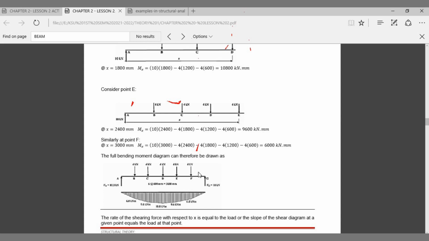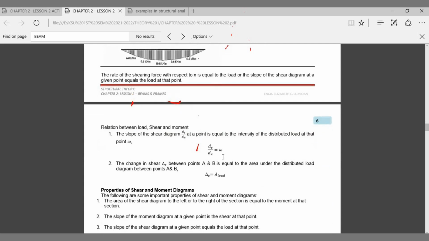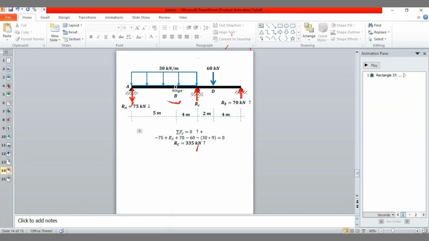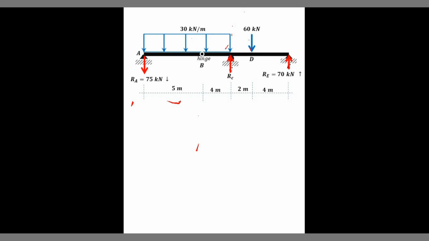Pwedeng gamitin nyo to pero mas maraming oras ang makukuha nyo dito. I just want to show you the relationship between the load, shear, and moment para mas madali nating mai-drawing yung ating mga shear and moment diagram.